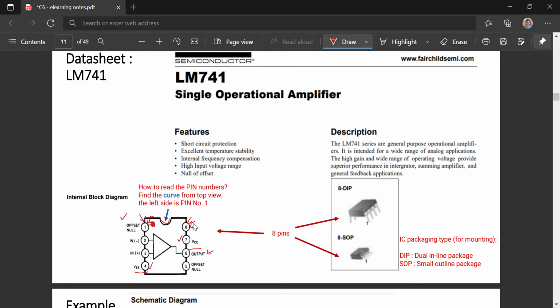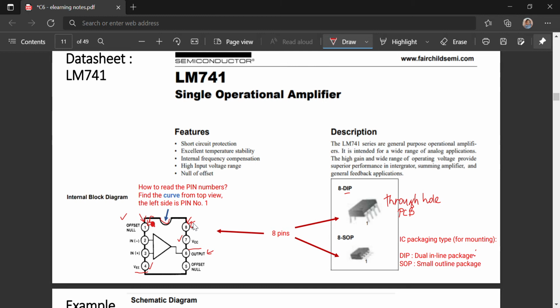Okay, the first one is DIP, or the term is dual inline package. So this is for through-hole PCB. If you see your PCB, if there is a hole to solder the components, okay, that means it uses through-hole components.